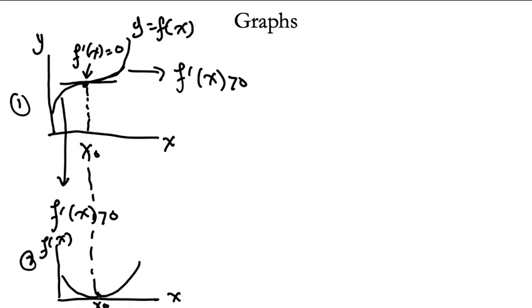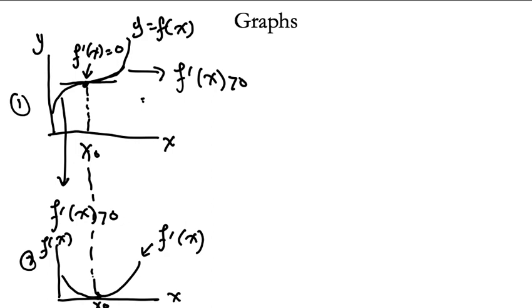Okay, so can you see here? This is the graph of f prime x, or the marginal graph. This is the graph of total, this is the marginal graph. Okay, when f prime x is equivalent to 0, you see the value 0 is here when x is x naught.